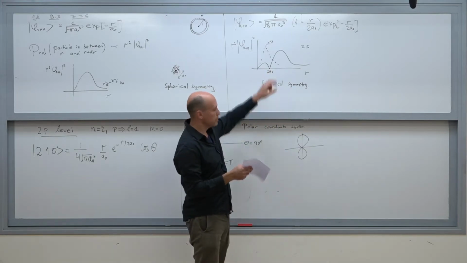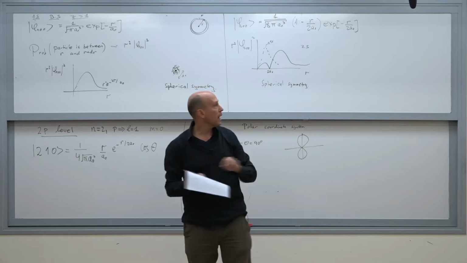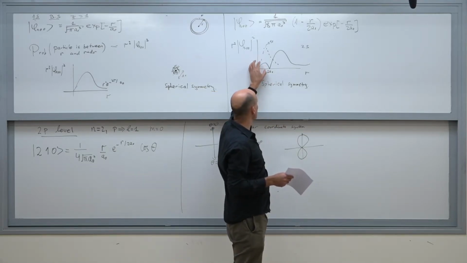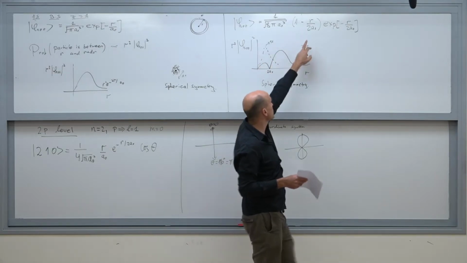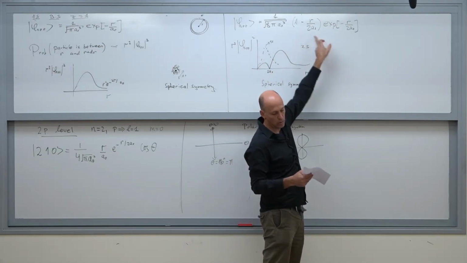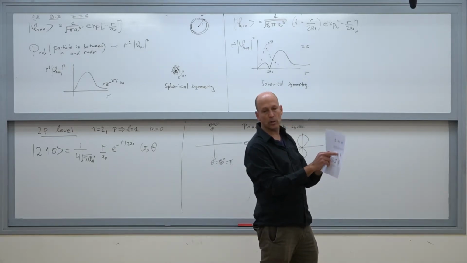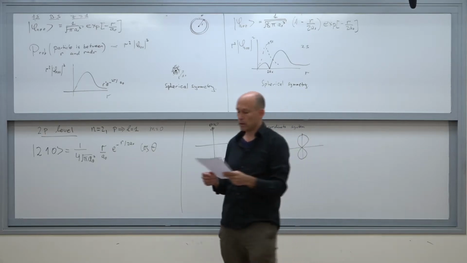This zero is between the center and the 2 main lines, because they don't have this r squared, so they have 1 peak, then 0, then 1 peak. The 0 is roughly at 2a0. I hope all of you can see the zeros in the middle. That is just a spherically symmetric case.